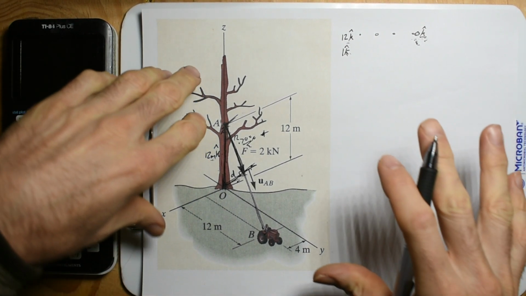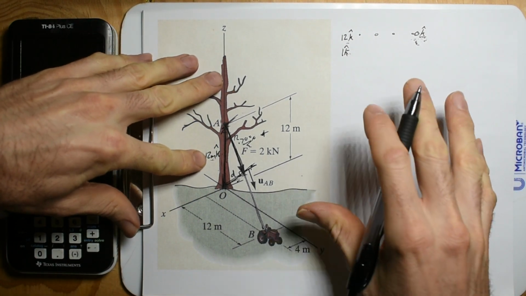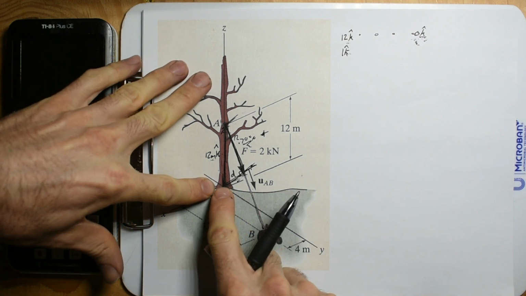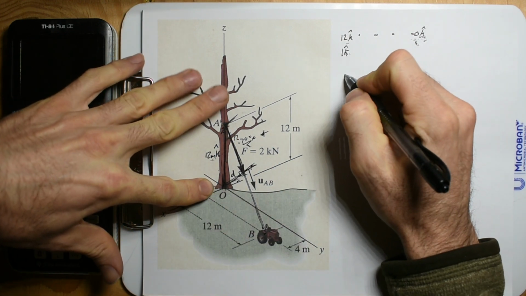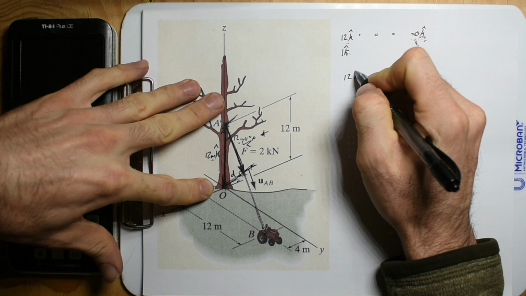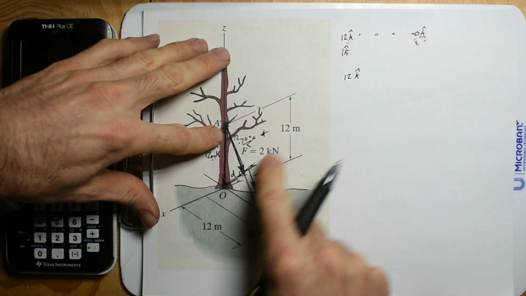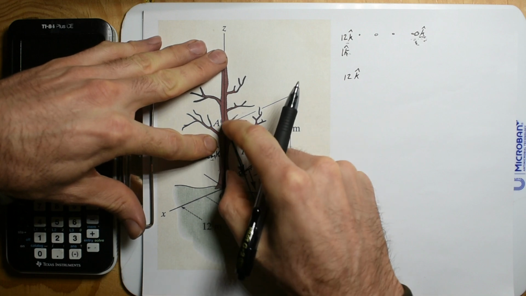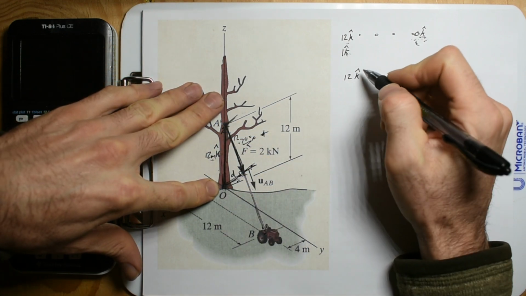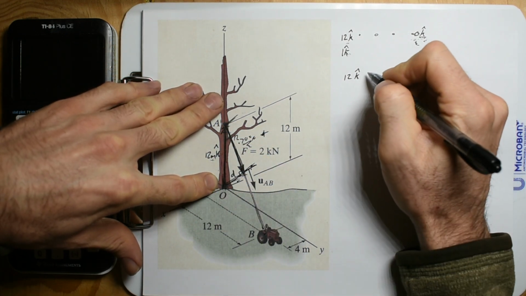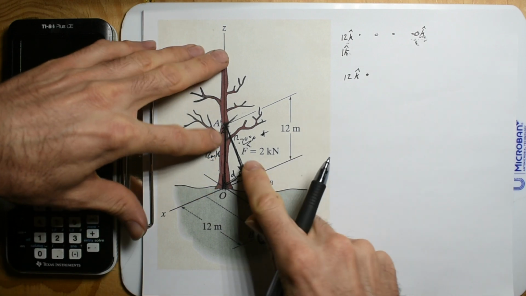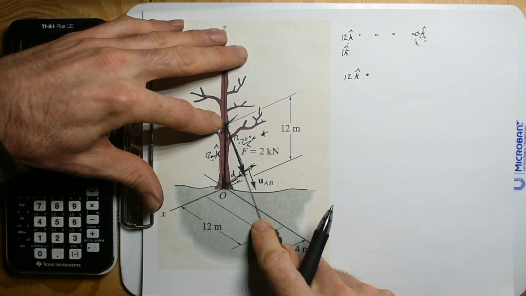Alright, so let's go through that whole process in hopefully the simplest way possible. I have a distance vector with a magnitude of 12 in the direction of the z-axis, so we multiply it by a unit vector in that direction. And I'm going to dot it with, but I need the unit vector of this.